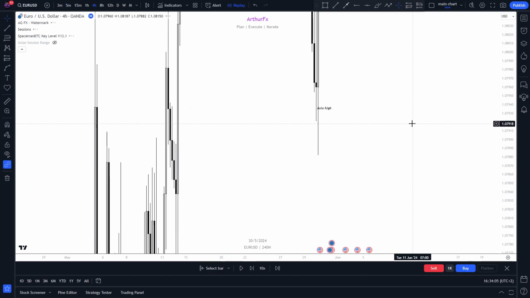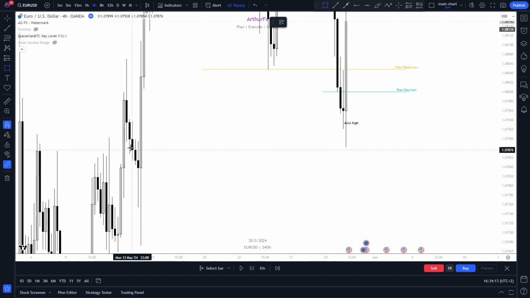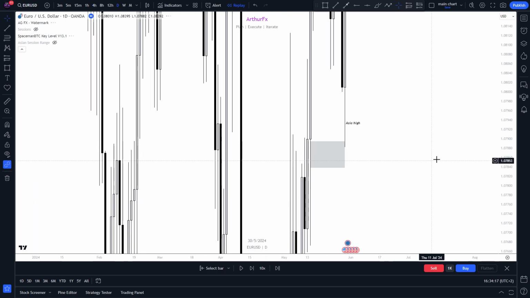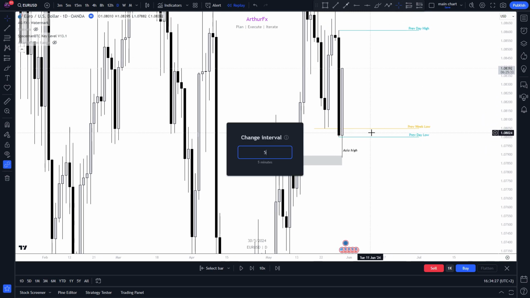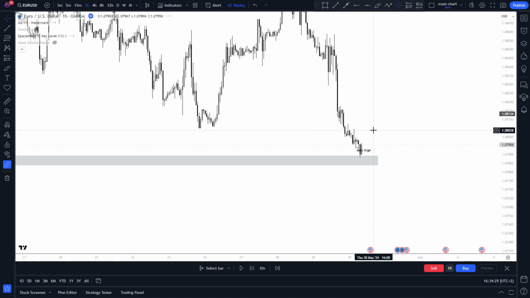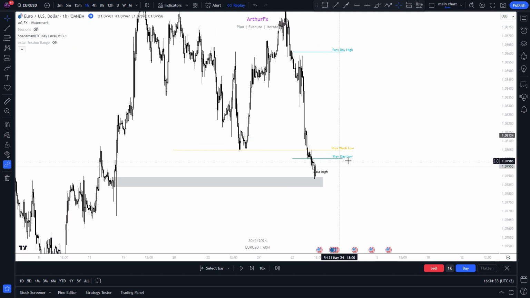DXY looked slightly better, but still we have this 4-hour order block here, which I think lined up with the same daily order block that we had on DXY. So this daily order block, and we've swept hourly to make it clear. So we swept previous week low, previous day low.